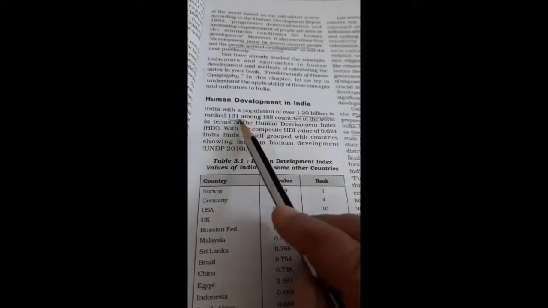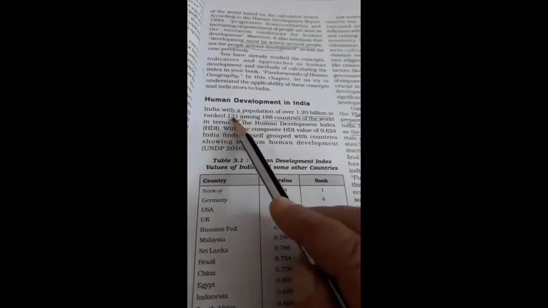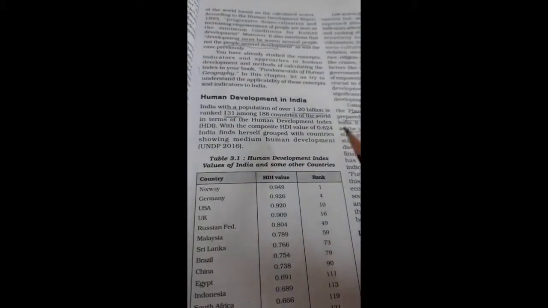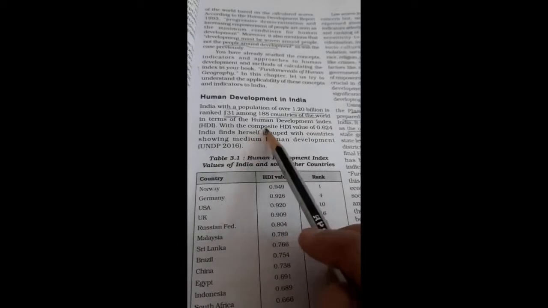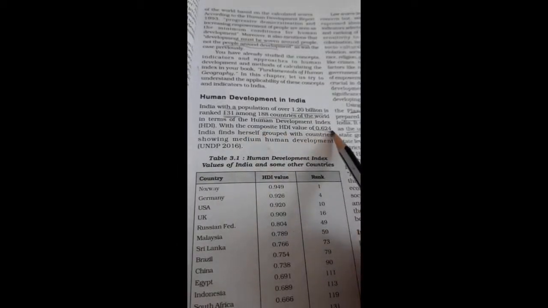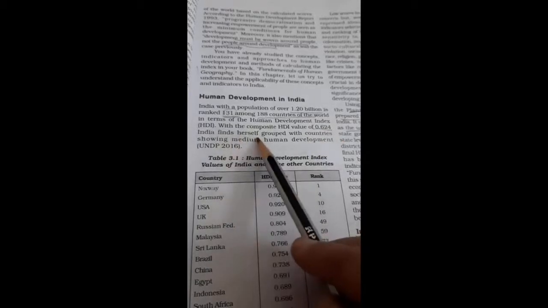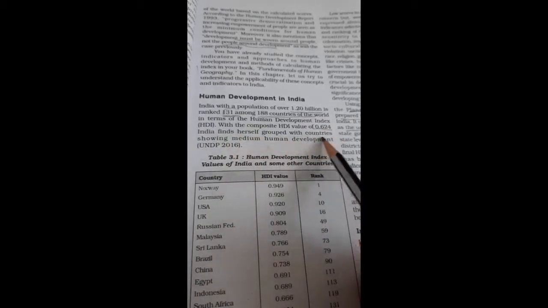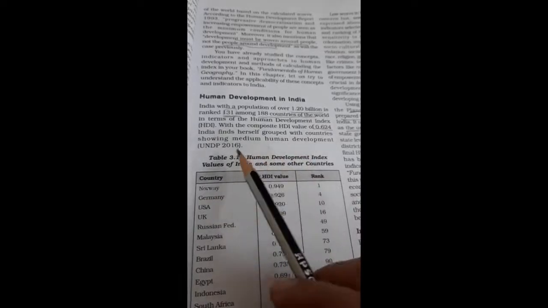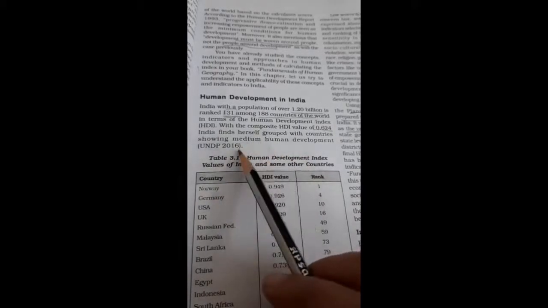So India's number is 131 when we talk about the Human Development Index. With the composite HDI value of 0.624, India finds herself grouped with countries showing medium human development index. This is according to the 2016 report.